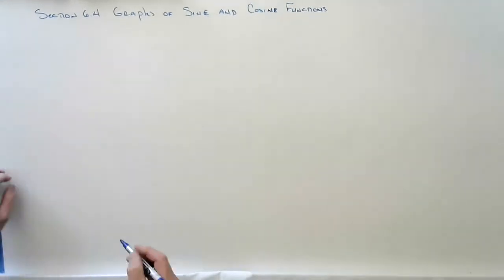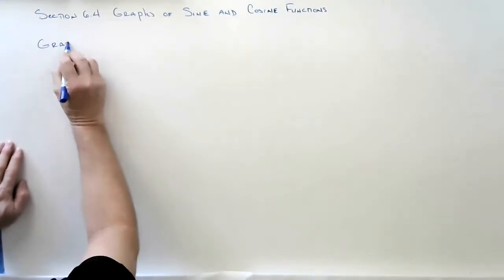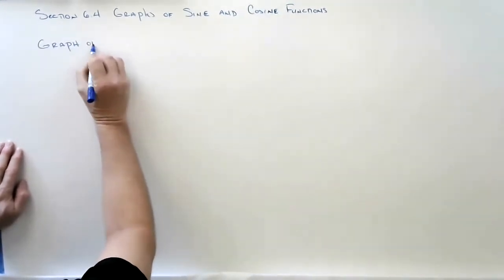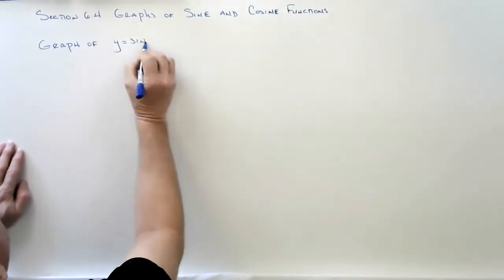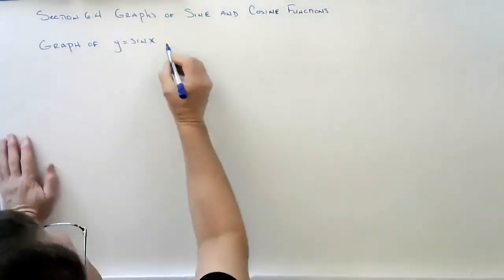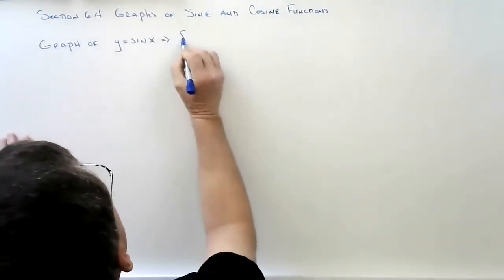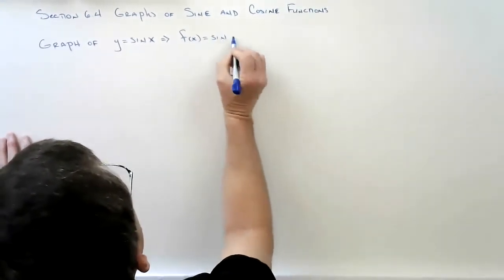Now, we'll start with the graph of sine, okay? And so we're going to graph y equals sine x. Now, we have to begin by acknowledging that what we're really doing here is we're graphing a function, f of x equals sine x.